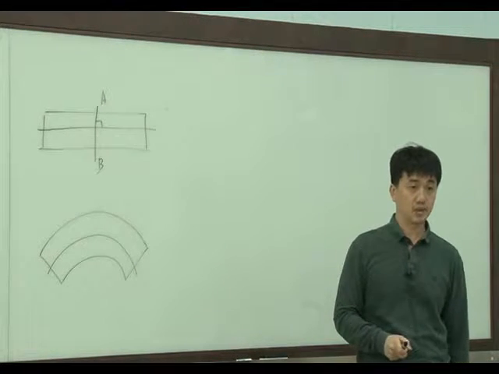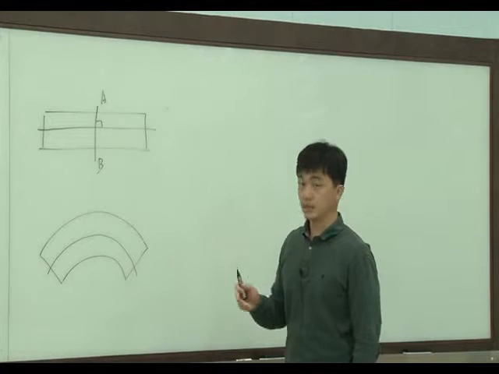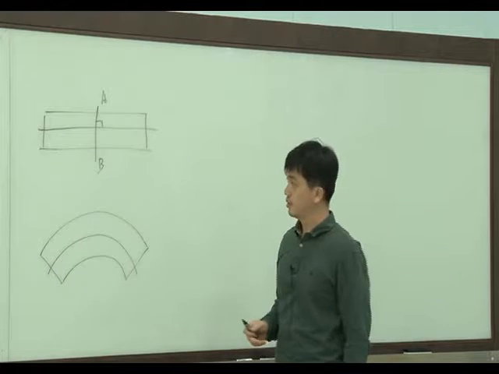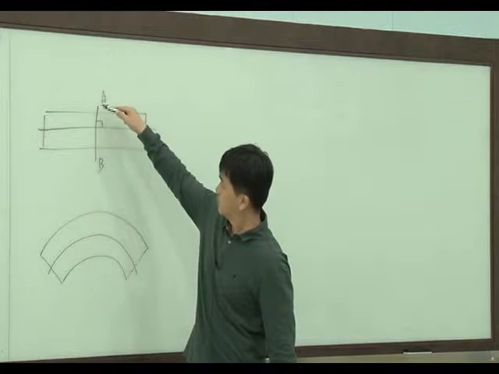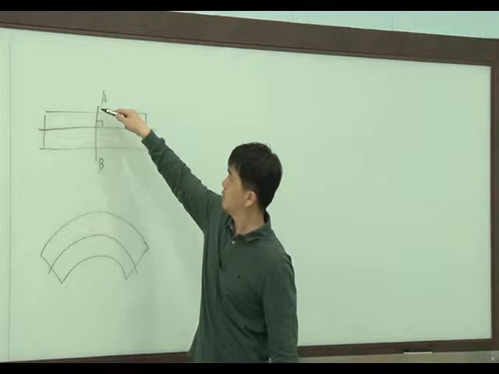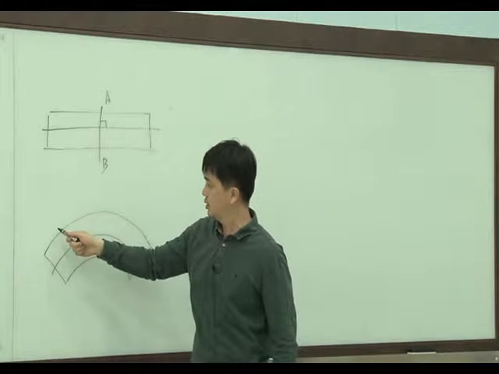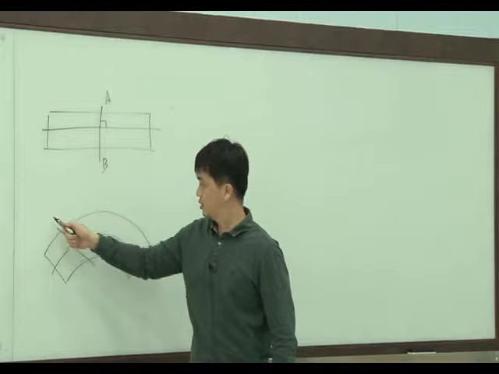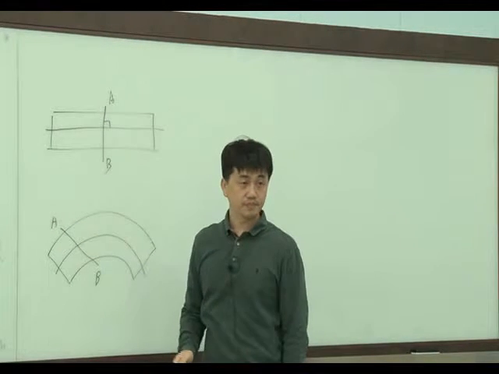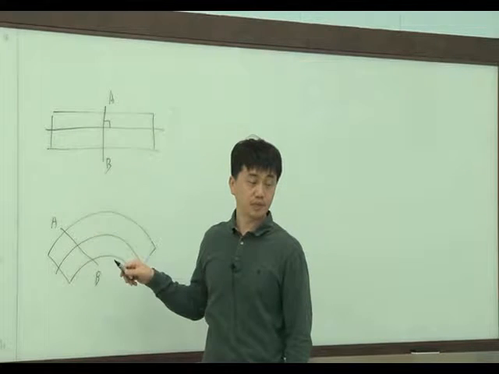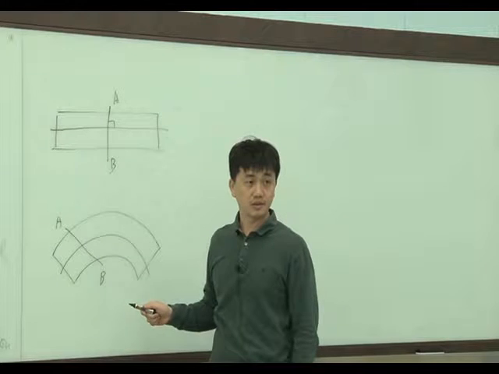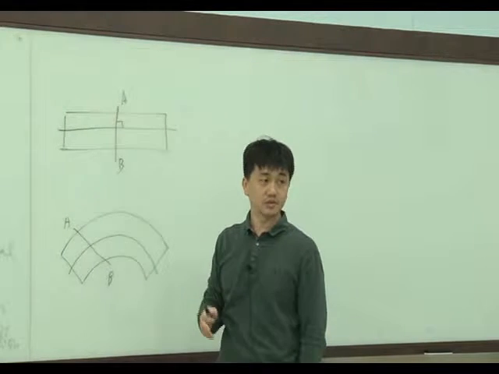So this is a bending deformation, right? In the previous assumption, the original surface made by A and B should be a plane, I mean a straight line here, right? That was the assumption.